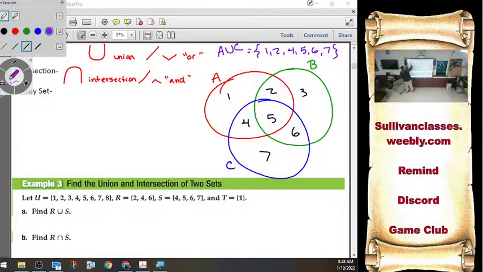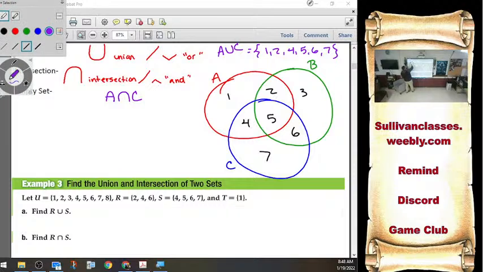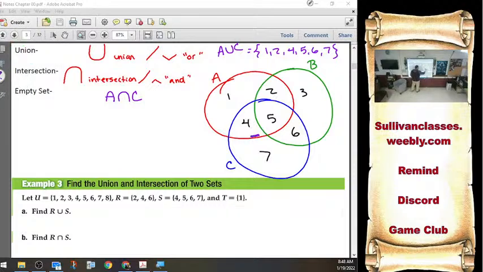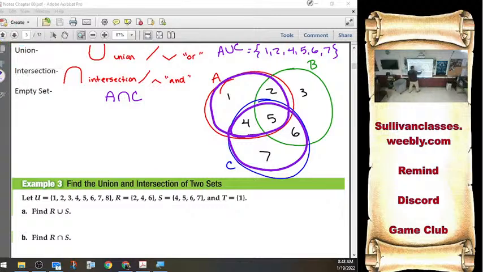Well, now, if I say A intersect C, it's got to be in A, but it's got to be in C. I look for that overlap, everything in the middle. Okay?